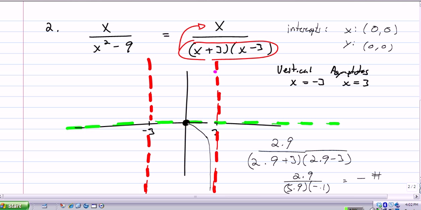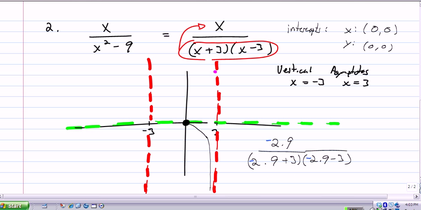Okay, now we have to decide. Does the graph then go up here or down here? So you're going to pick a test point, like negative 2.9. If negative 2.9 gives you a positive, it's up there. If negative 2.9 gives you a negative, it's down there. So negative 2.9. I can just modify this work. Negative, negative, negative.